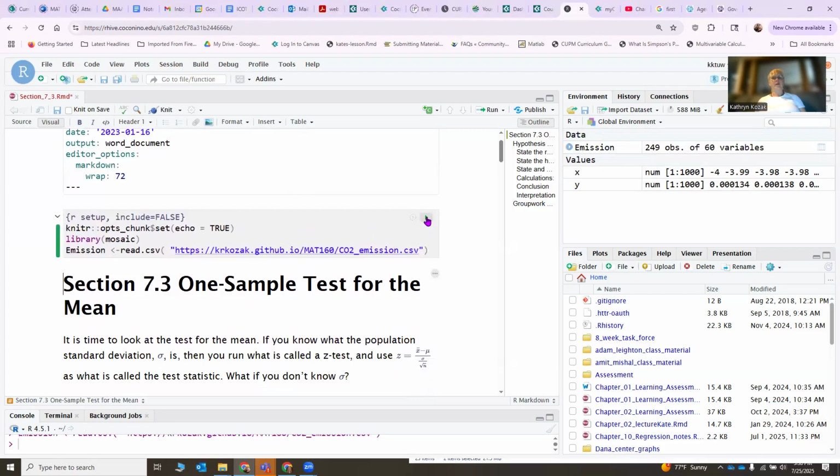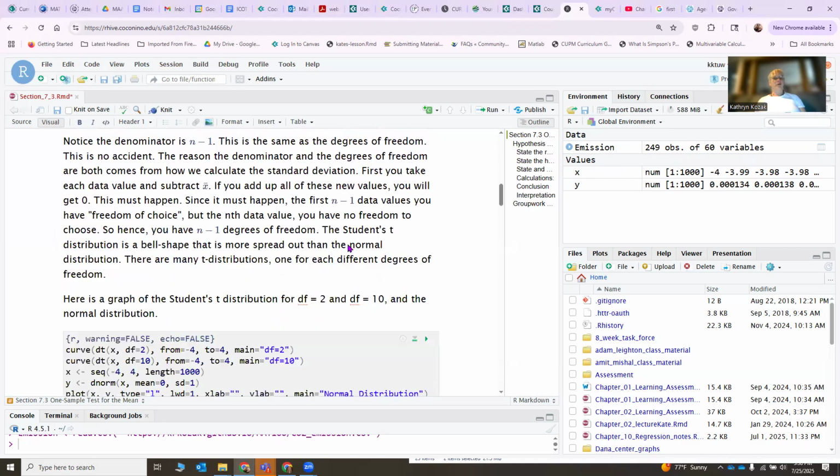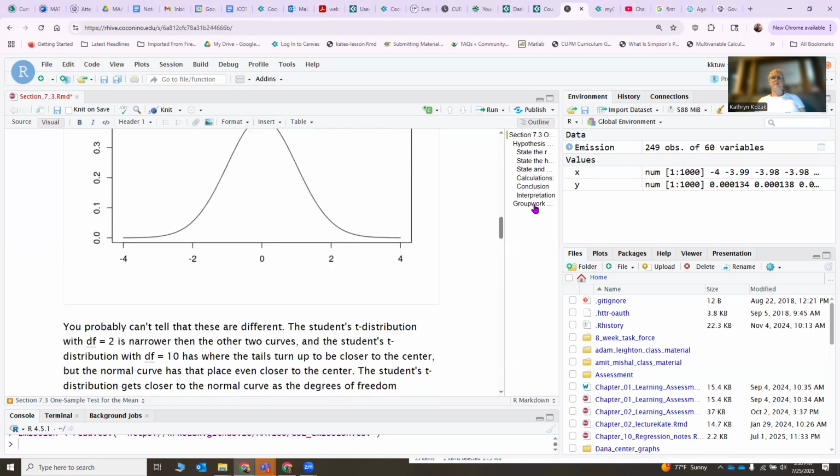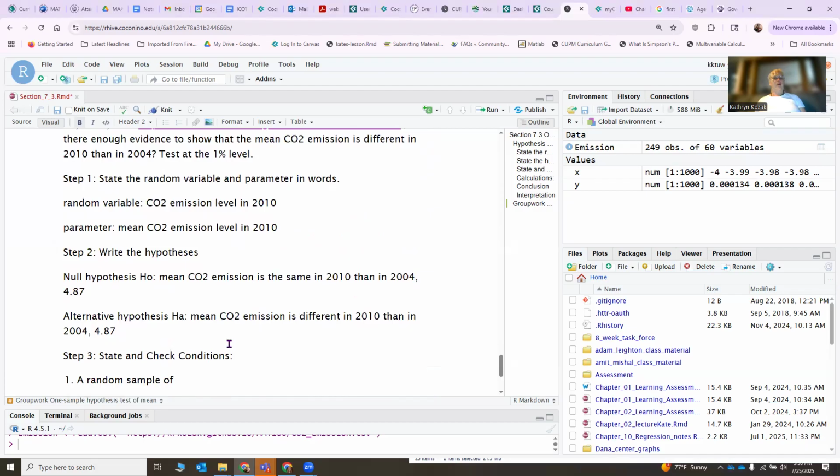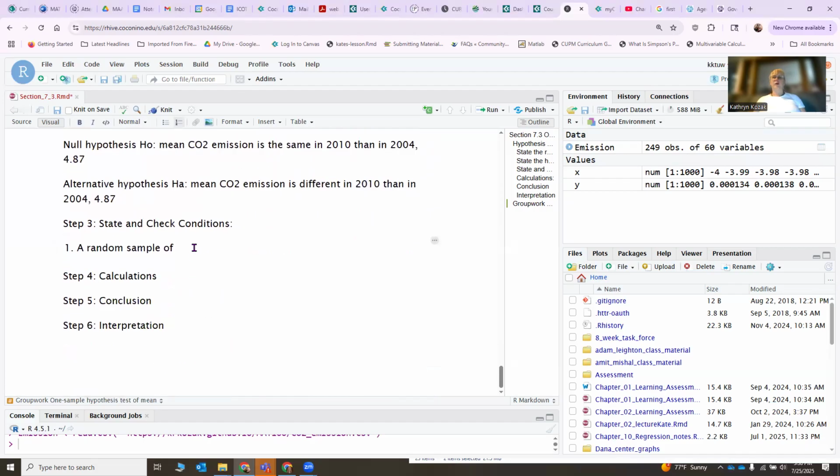I thought I ran this, so let's run this again. There's my emission level. Okay. So I have 249 observations. So there is a random sample of 249 CO2 emission levels taken.